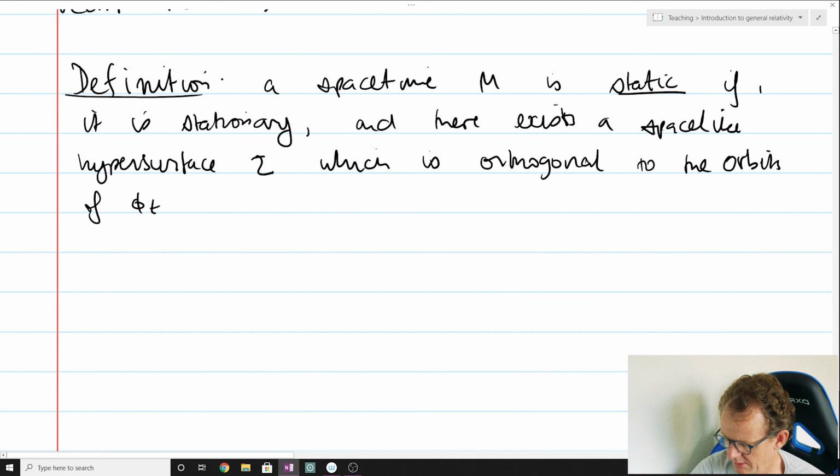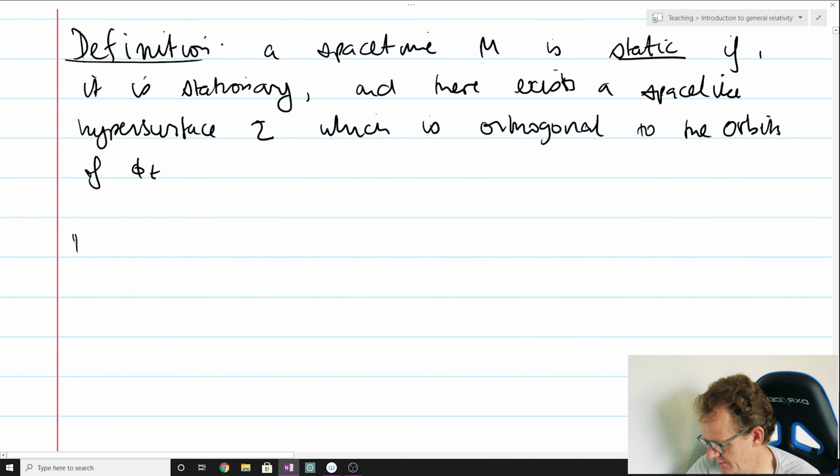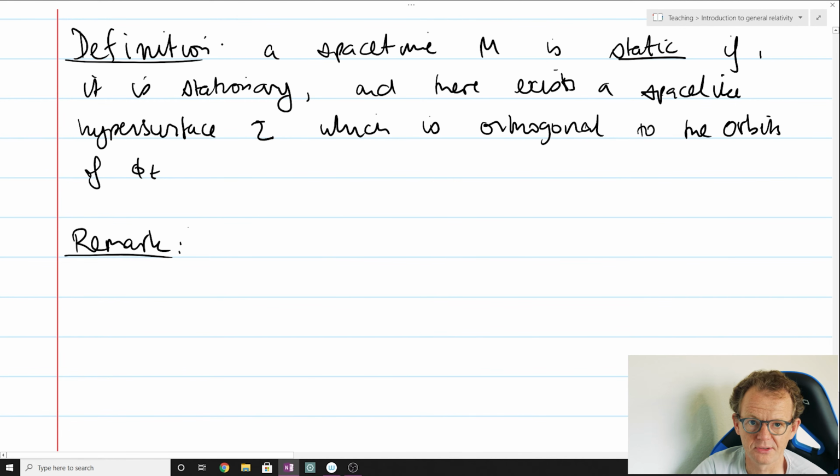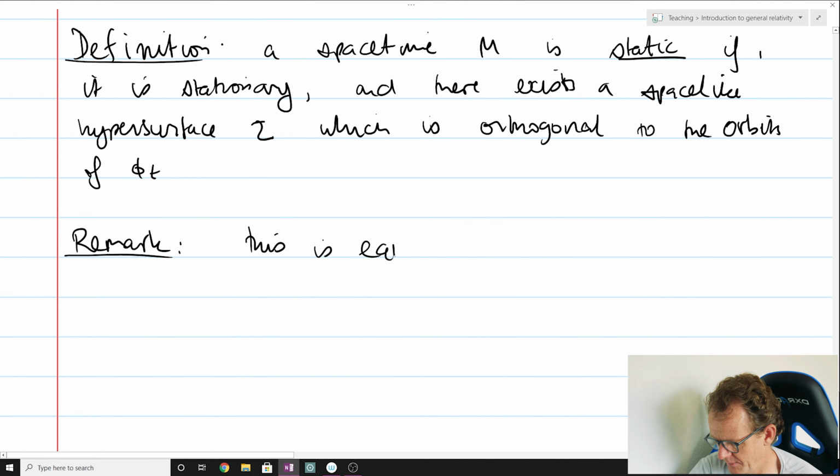Now this is a little bit more subtle, the consequences of this definition, and this is where I am going to skip some of the mathematical discussion, but I will say it here in case you want to chase this up on your own.